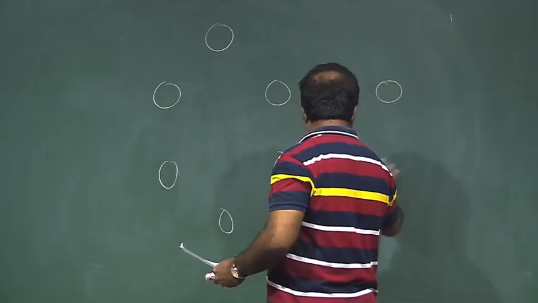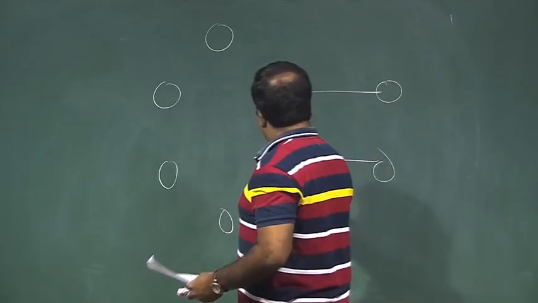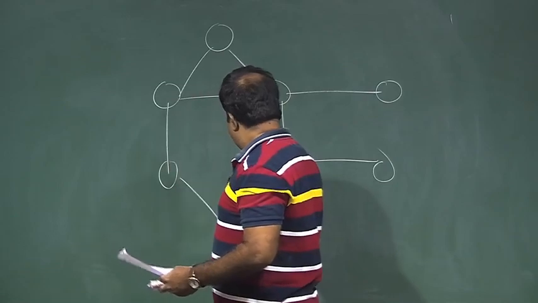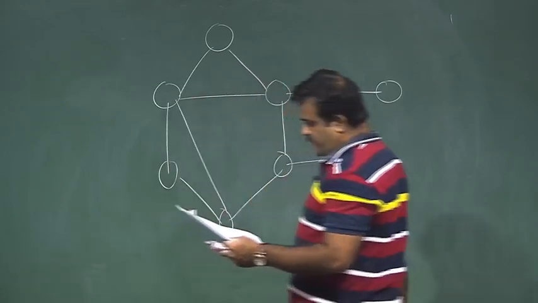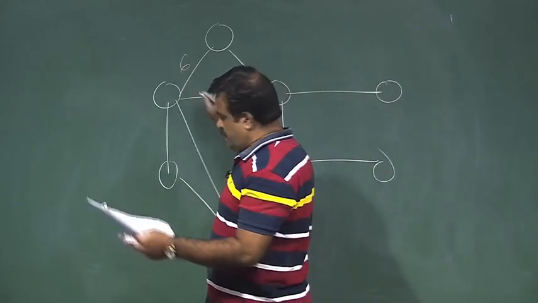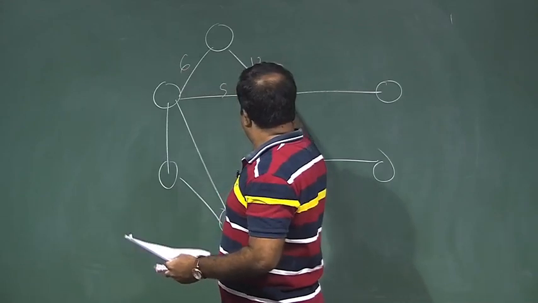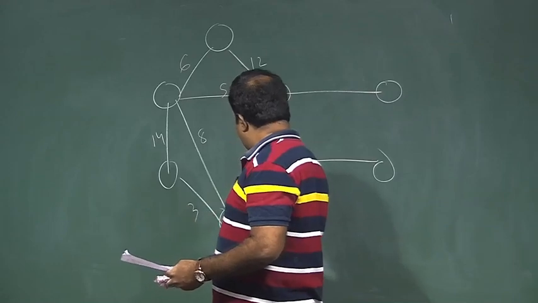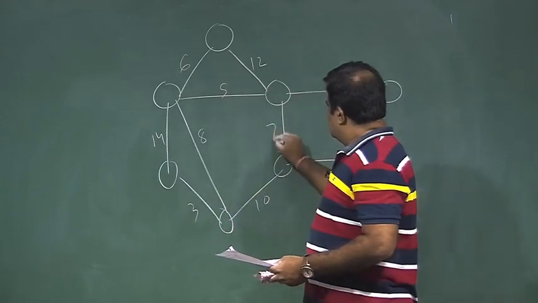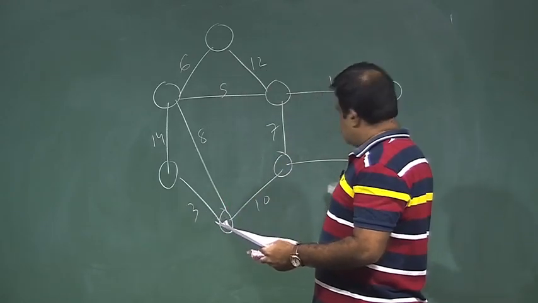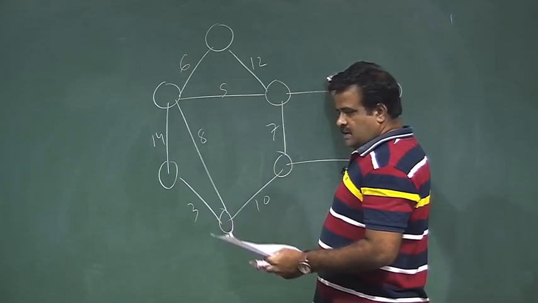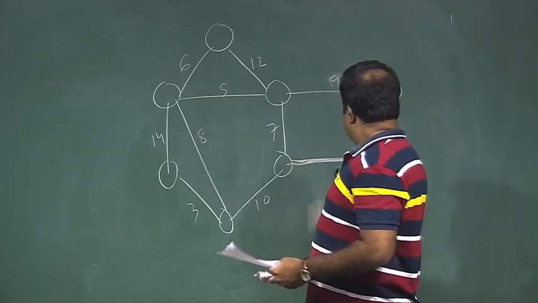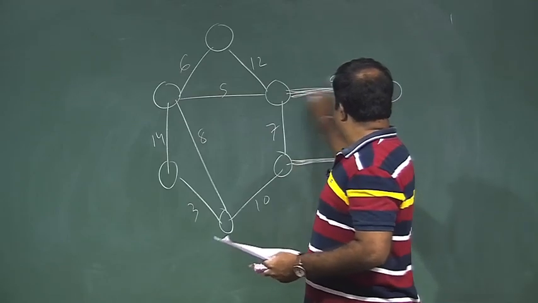Suppose this is our graph with these weights: 5, 12, 14, 8, 3, 10, 7, 9, 15. We have seen this is our minimum spanning tree.